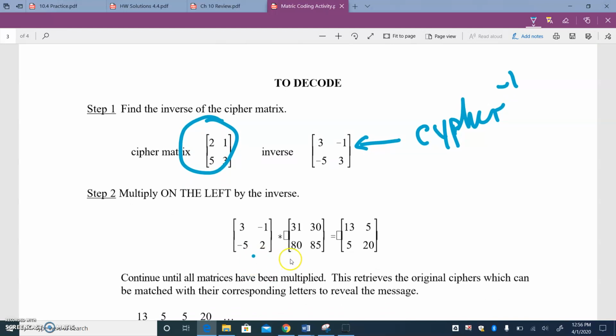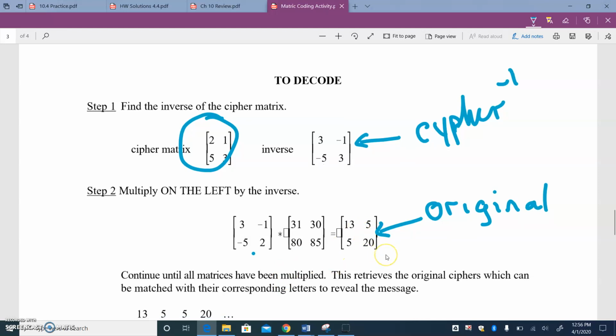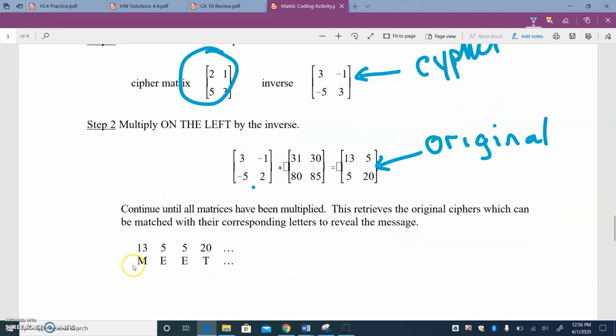And when you multiply through by that inverse, it undoes all of the operations we saw, and we're back at the original message that I coded. So 13, 5, 5, 20, we would then go back and say, okay, 13 is M, 5 is E, 20 is T. There's the first word of the code. And you would continue decoding the other 4 remaining matrices.